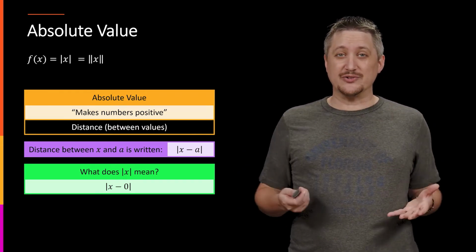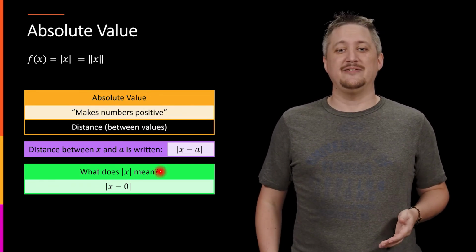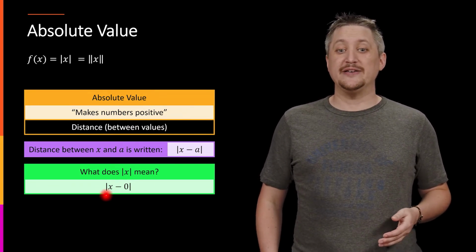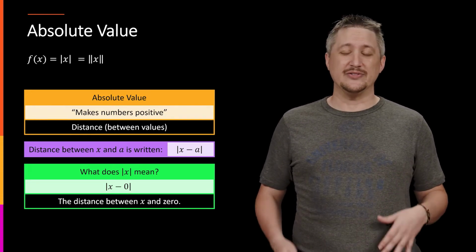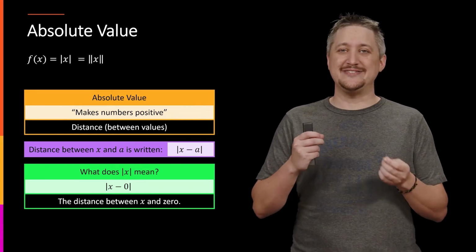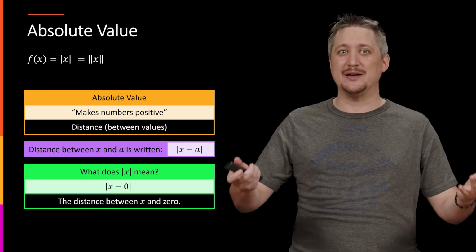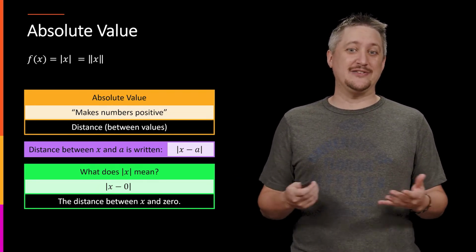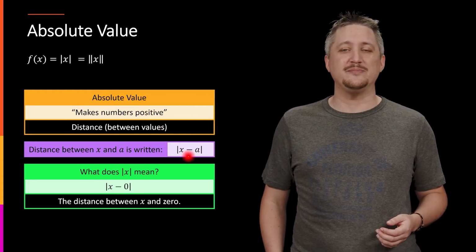But from a geometric standpoint, it's the distance between x and 0. This motivates the idea of distance from 0, which is often how people explain what absolute value is, but that's really a consequence of the idea of distance between two numbers, x minus a.